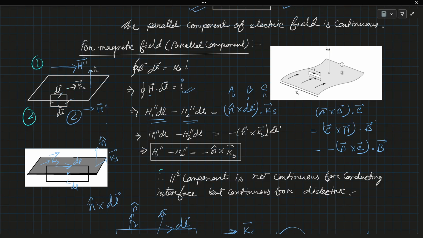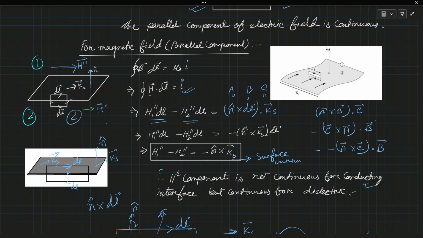So the parallel component is not continuous for a conducting interface, but continuous for a dielectric. Why continuous for a dielectric? Because only a conducting interface contains surface current. This Ks term is the surface current.